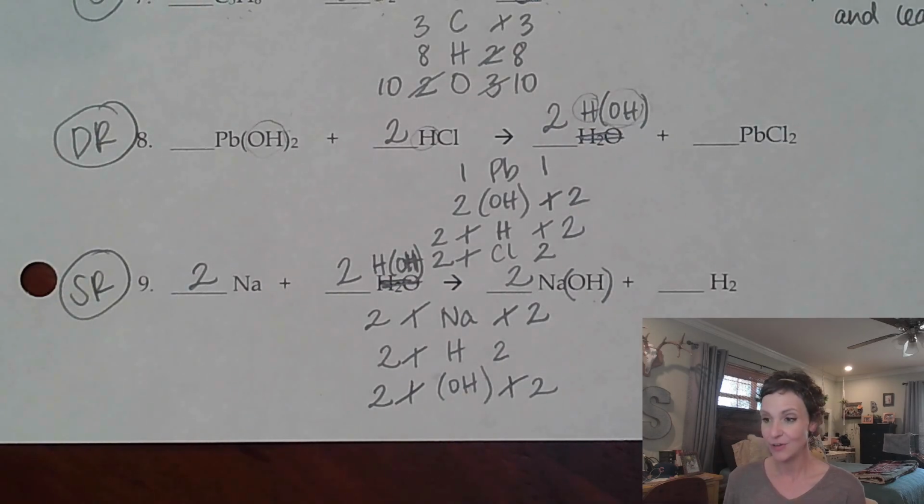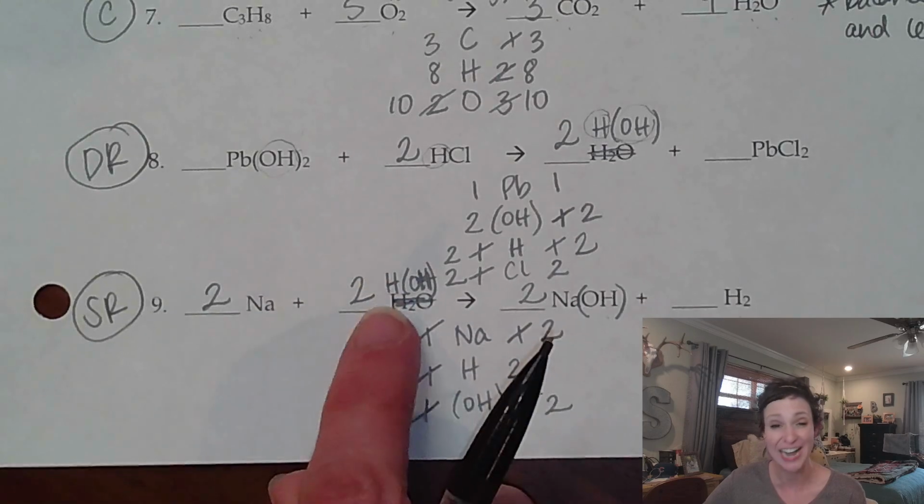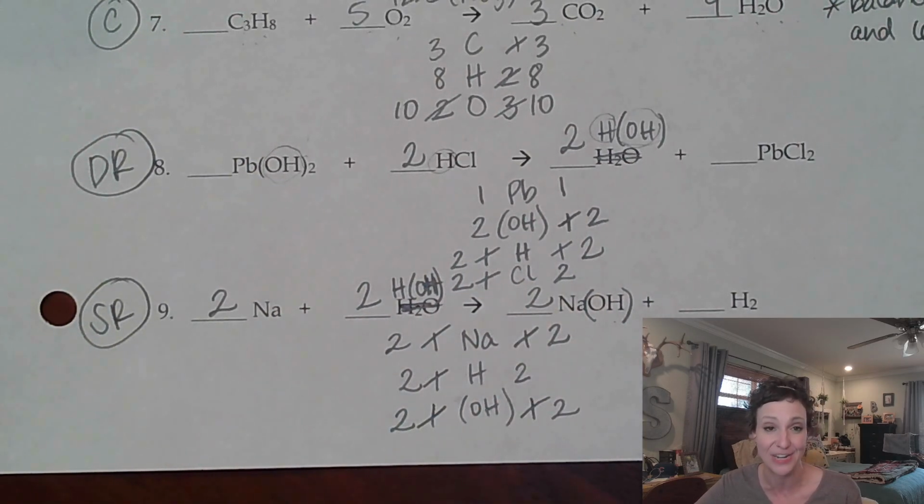I hope this gave you guys some tips. Some of these tips may be useful. Some you were like, I do not like that at all. Whatever it is that you can do to put the correct coefficients in front of your reaction equation chemical formulas, that is all that we are looking for. And I hope that we are set off to a little bit more success with that.